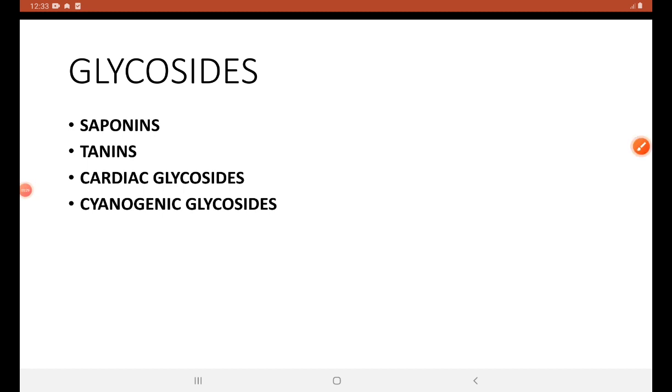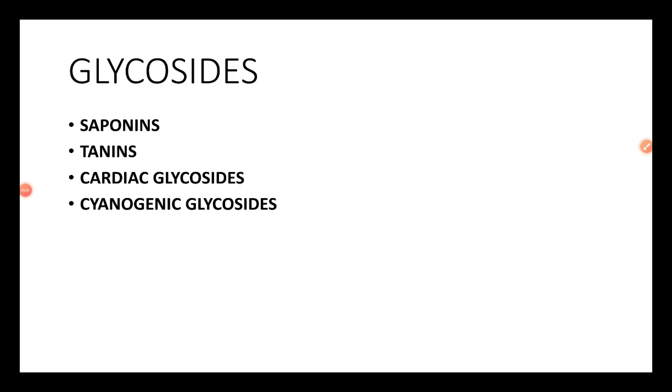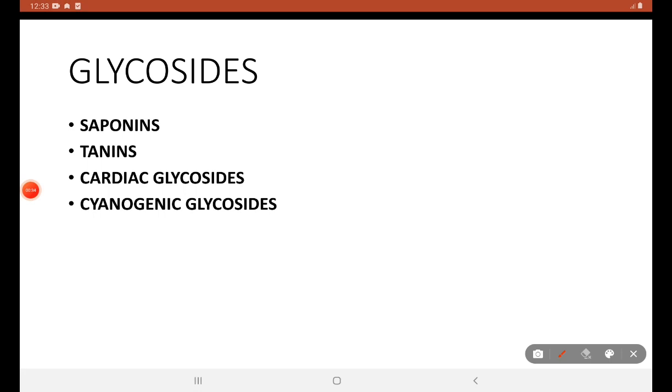First, let us understand the basic details of what we are going to see in this video. We are going to see about glycosides, about saponins, about cardiac glycosides and cyanogenic glycosides.